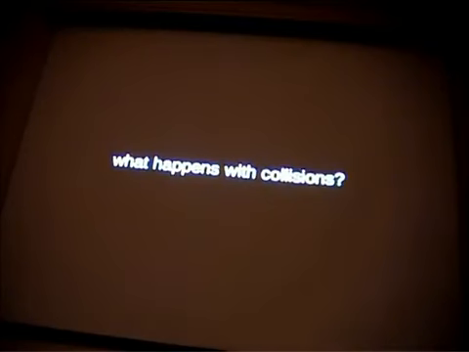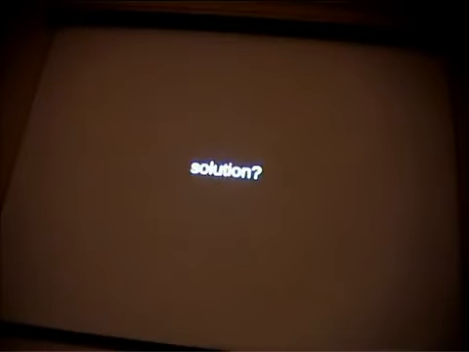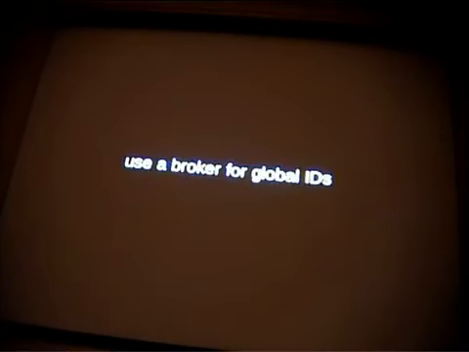So FAQs. What happens with collision? Your question. So when two databases update the same record, it's a race condition, especially if there's long lag. Unfortunately, you can solve it at the application layer. What do I mean by that?